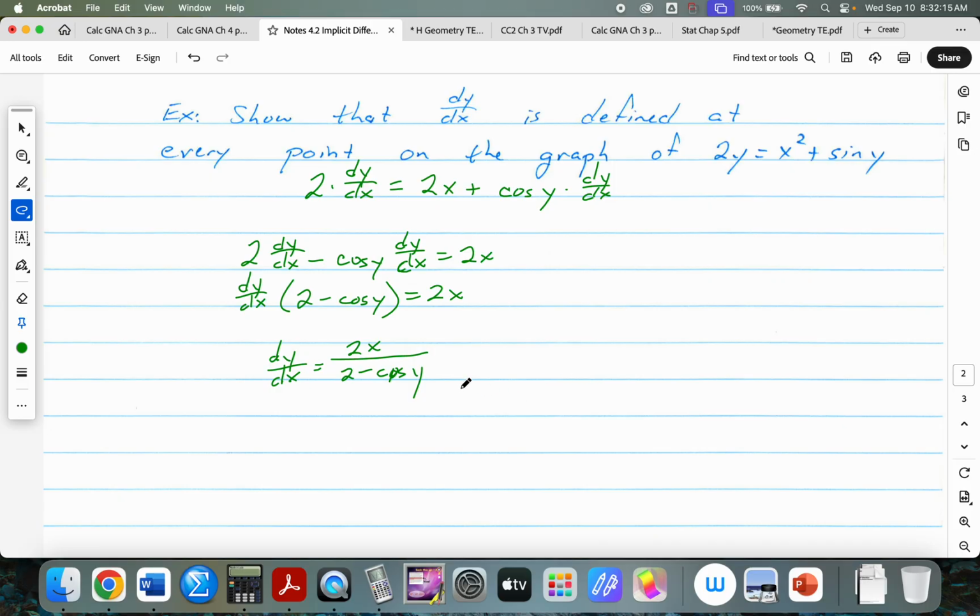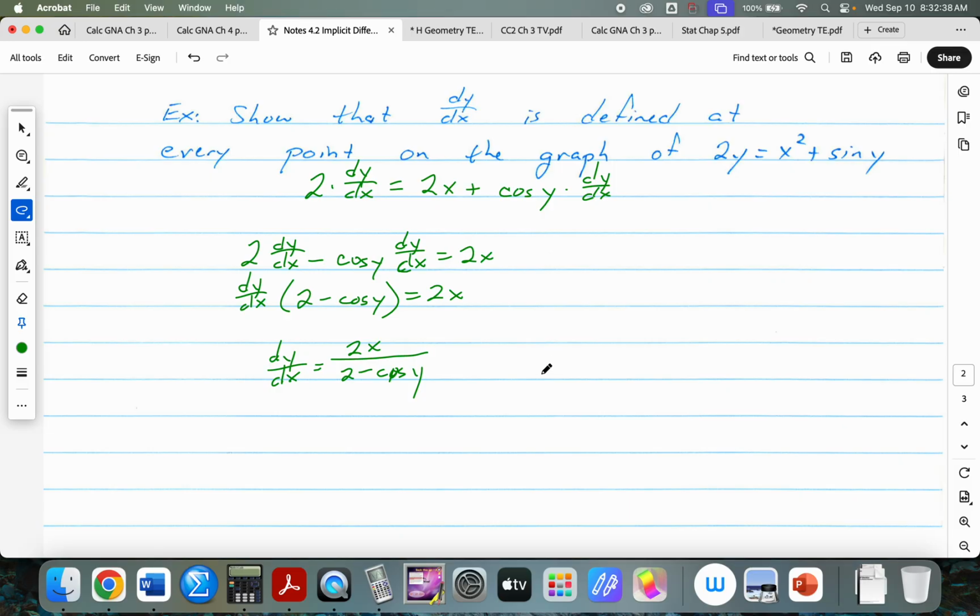Where would this be undefined? When is a rational function undefined? What's the one thing of all of math that is forbidden? Denominator equals 0. Yeah, the denominator is equal to 0.